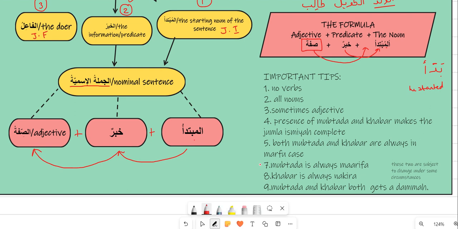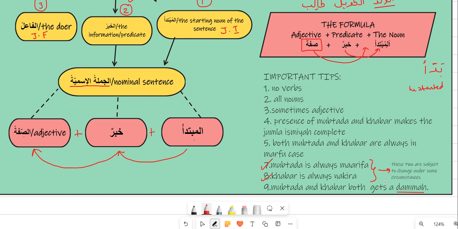And the last point that I gave you: mubtada and khabar both get a dhamma. This is important. Regarding these two points, I have just given you a small detail here, that they are subject to change under some circumstances. There is another type of jumla that I will explain when I do the phrases from the Quran in the PDF lesson.